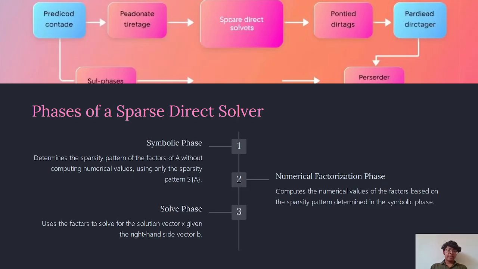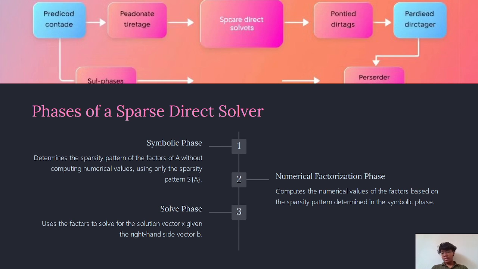Now coming to the phases of the sparse direct solver, here we have the three phases. First one is the symbolic phase, second is the numerical factorization phase, and the third is the solve phase. So let's look into the symbolic phase, where it determines the sparsity pattern of the factor of A without computing numerical values, using only the sparsity pattern S(A).